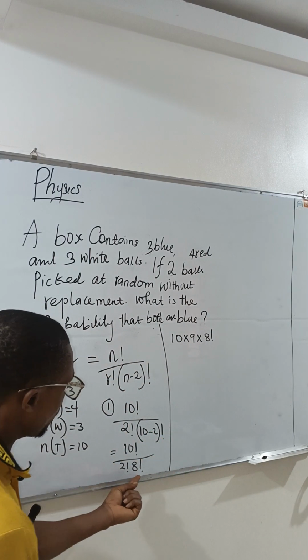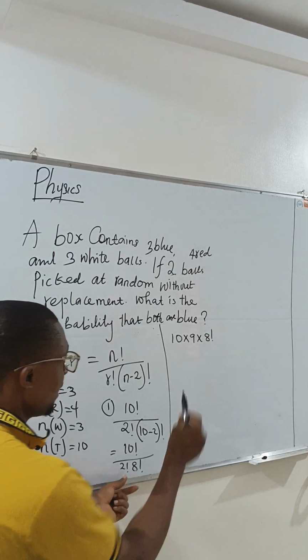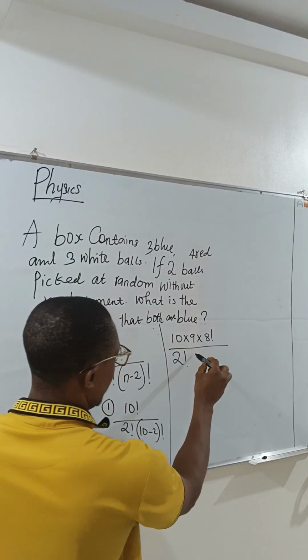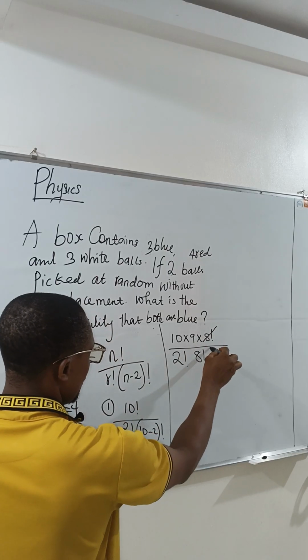I stop at 8 factorial because I see there's 8 factorial here in the denominator. So I will have 2 factorial and 8 factorial here, and I can easily cancel this with this.